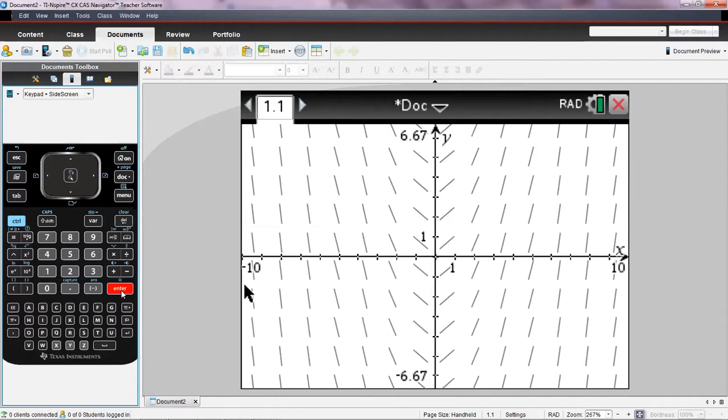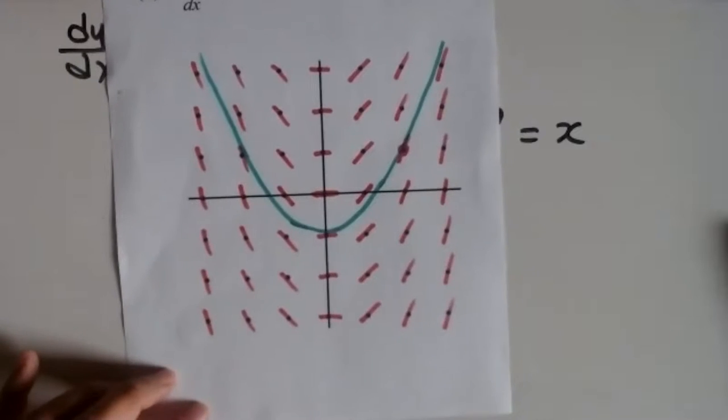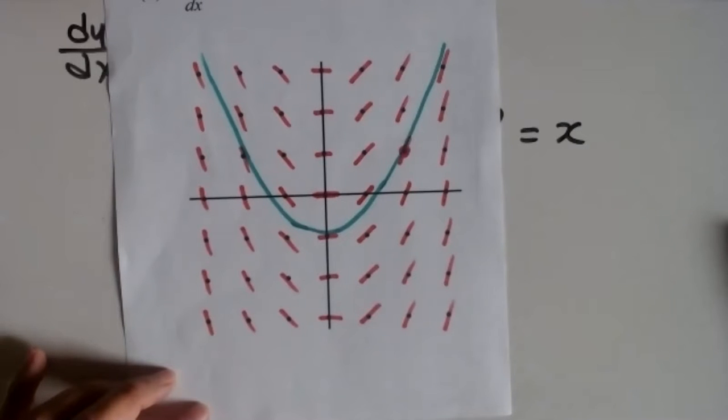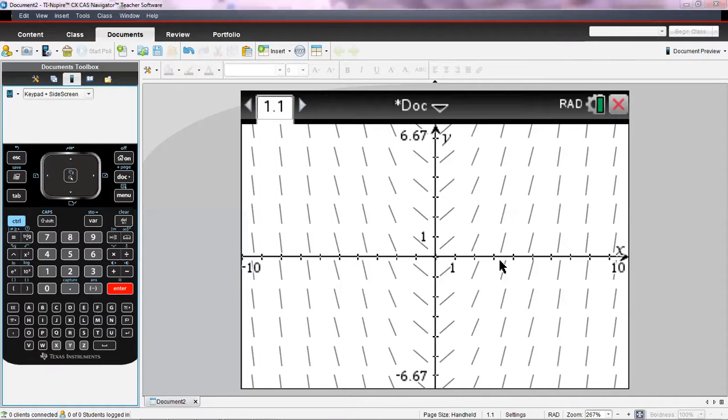And you are going to see the slope field. If you compare it with this one, it's pretty much similar. It's the same one, except there is a different scale. This is 1, 2, 3, and the calculator puts its own scale.